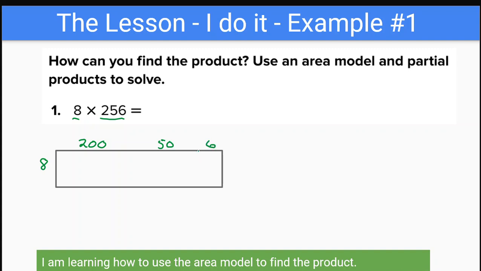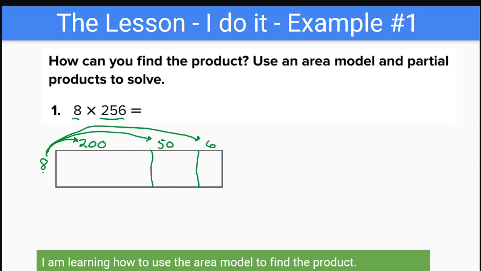Now 6 is the smallest number, so I give it the smallest amount of space. 50 is the next biggest number, and 200 is pretty big, so we're going to give it the biggest space right here. I'm going to go 8 times 200, and put the answer here. I'm going to go 8 times 50, and put the answer here. I'm going to go 8 times 6, and put the product right here.